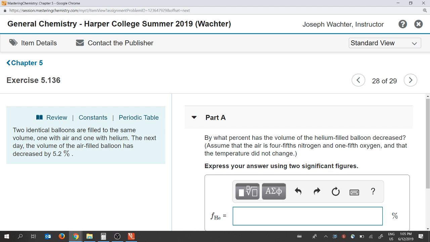So we can basically set up a proportion here. Air is 4/5 nitrogen and 1/5 oxygen, which means we can take that it's going to be basically a weighted average of those molar masses. So let's grab our equation here.